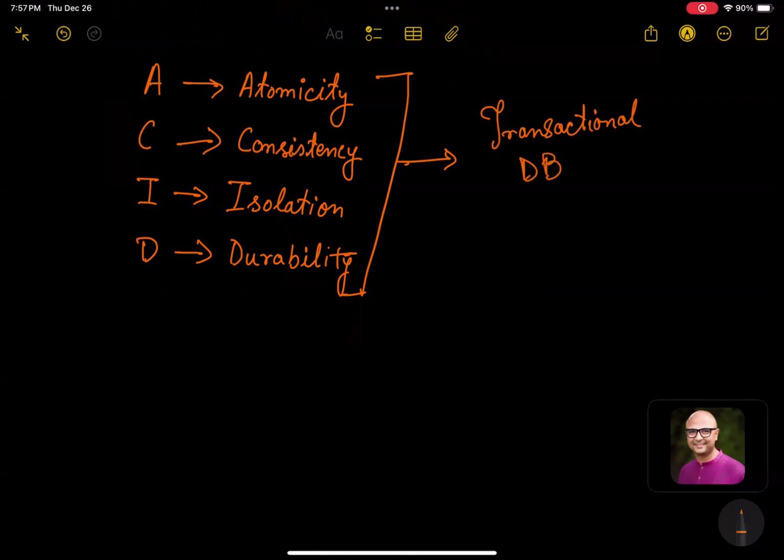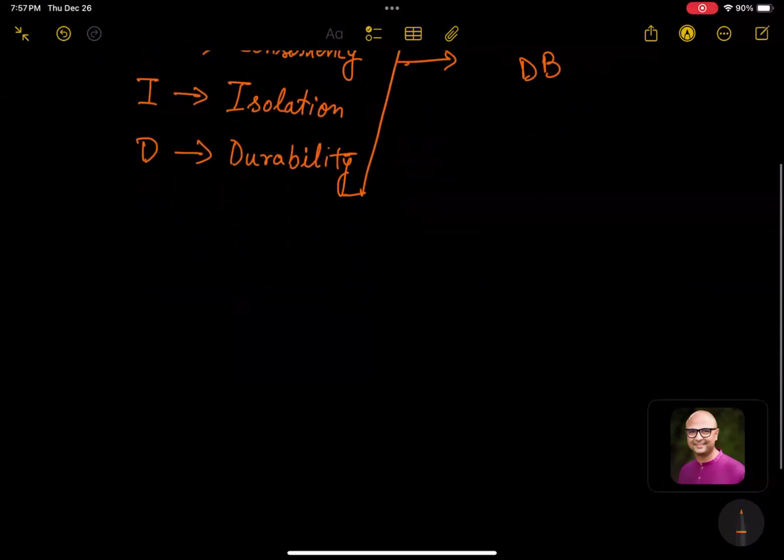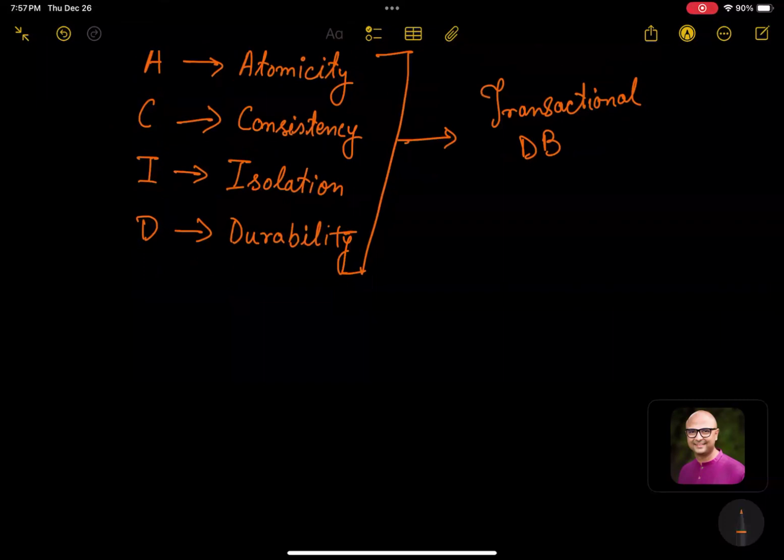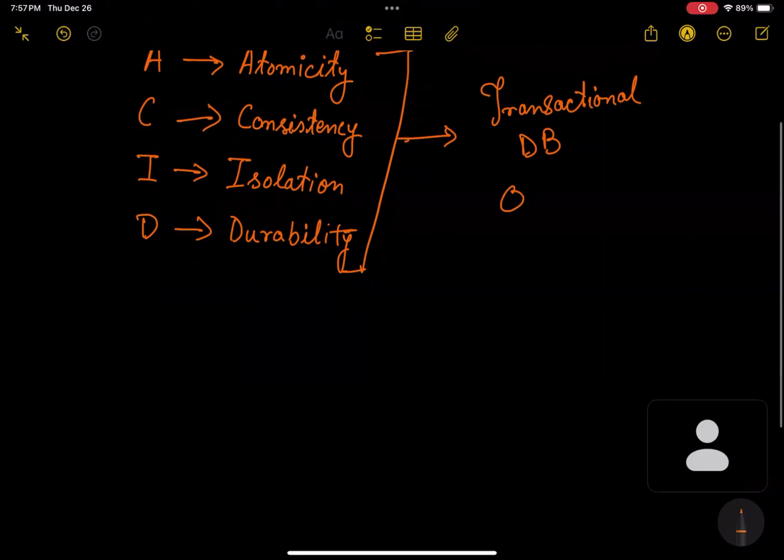What is a transactional database? Is it OLTP or OLAP? OLTP. Very good.